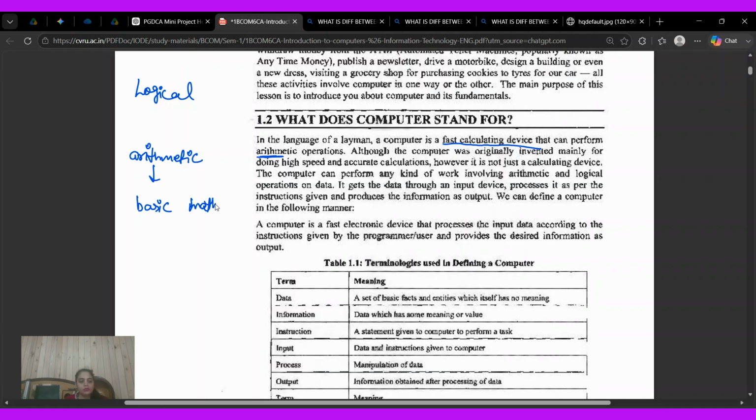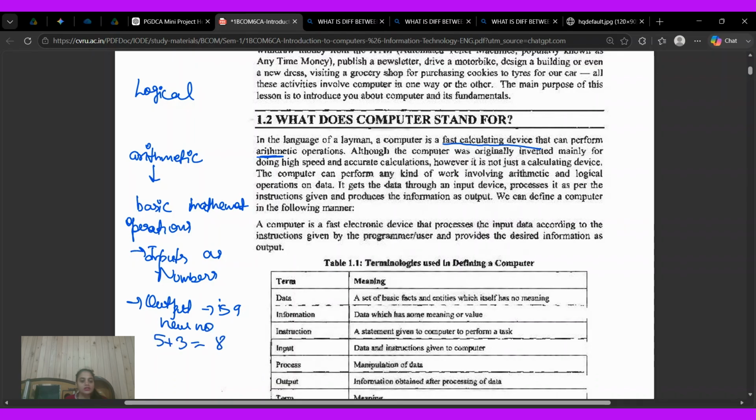The inputs you give are numbers, integers and floats, and the output is also a number, a new number. Suppose you give 5 plus 3, it gives 8.